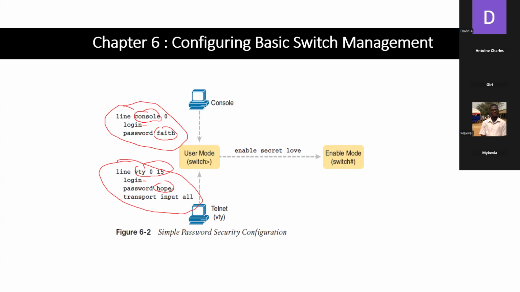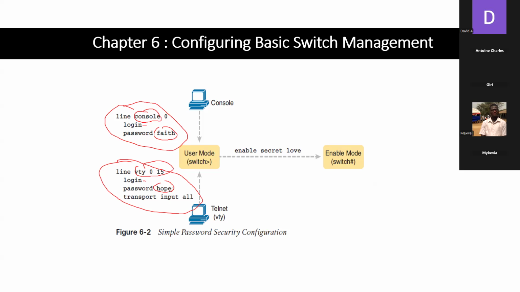So if a bad actor decided they wanted to capture all of my traffic going through the unsecure public internet, they would see everything that I'm typing, and of course they'd be able to figure out my password. That's why we push to use secure shell, SSH. But for this configuration example, we have transport input all, so they can use both Telnet and SSH.